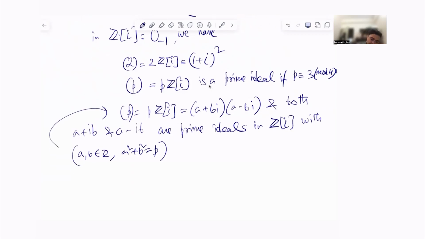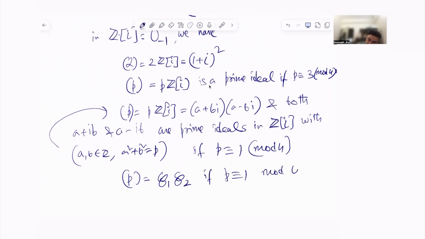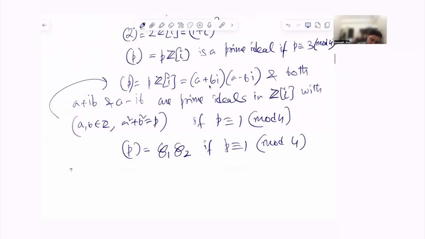So in this last case, if p is congruent to 1 mod 4, we can write p equal to P1 P2, where Pi is a prime ideal.